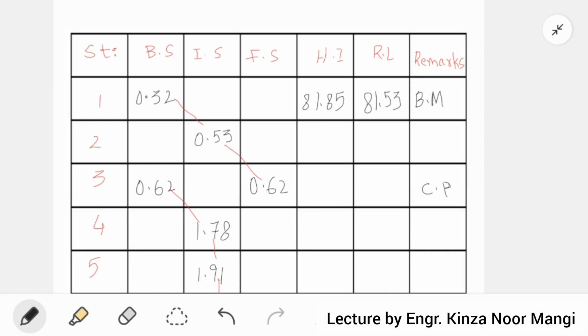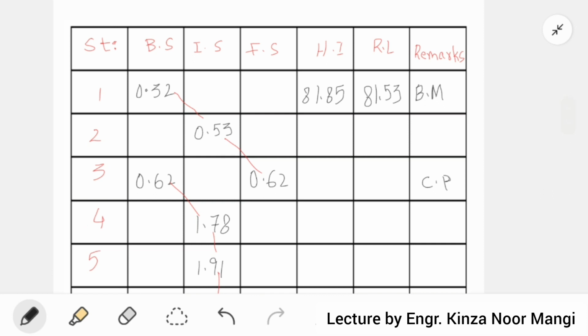Now how will we find the reduced level: we will subtract values such as backside, intermediate side and foreside from the height of the instrument. So we will start with the height of instrument 81.85 minus 0.53. We will get the value 81.32.